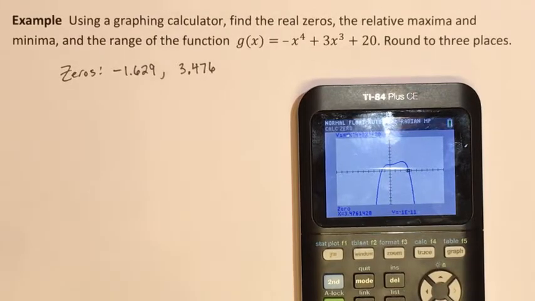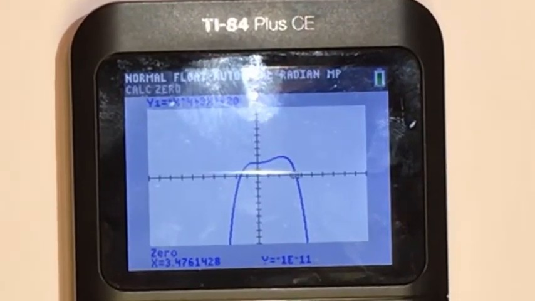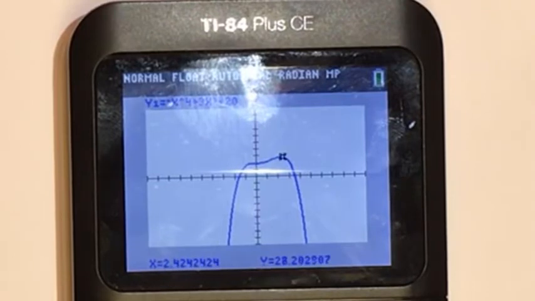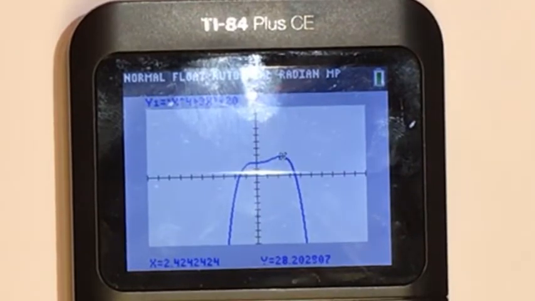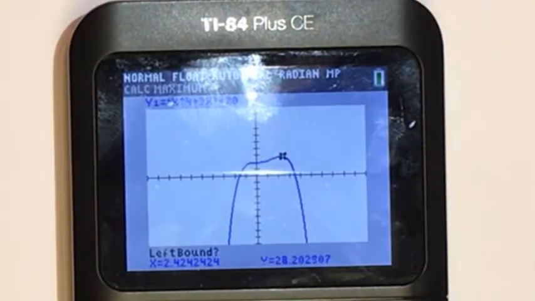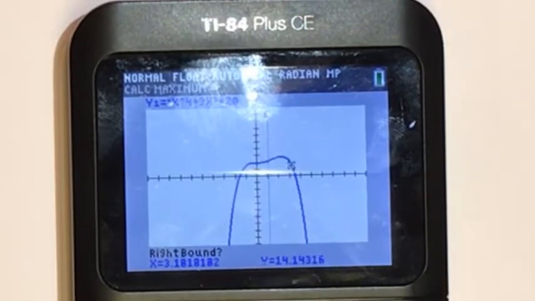Now I also want to find any relative maxima or minima. So it looks like we have a maximum up around in here. So I'm going to use the calc menu and number 4 to find the maximum. I'm going to move a little bit to the left of the maximum, move a little bit to the right of the maximum, and go back and take a guess.